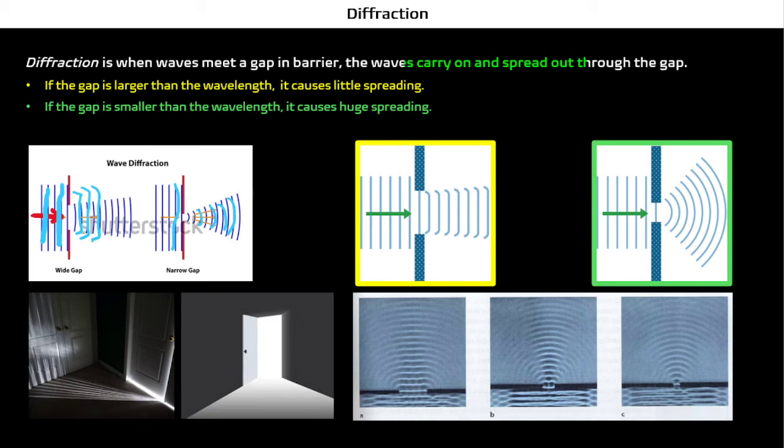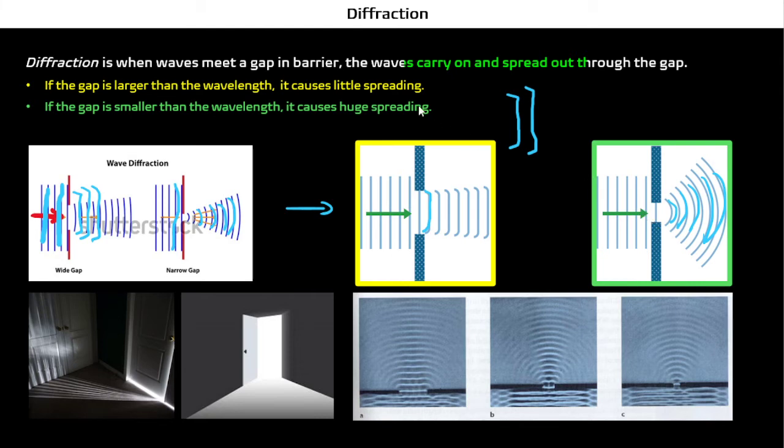All right, so this diagram can be simplified as this one. If your gap is very similar to your wavelength or very large, you will have a curve like this. Notice that in exams you also have to draw it this way, and it gets larger because it is a wave. If your gap is very small, you will have a simple wave like this, which is very similar to your Wi-Fi signal.